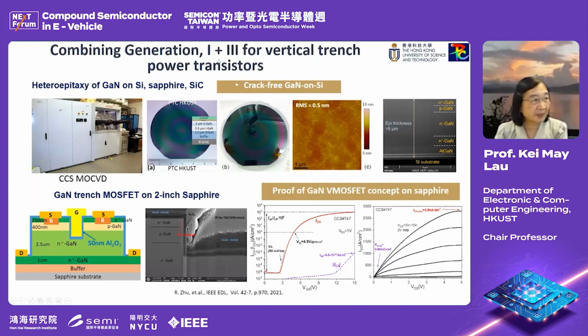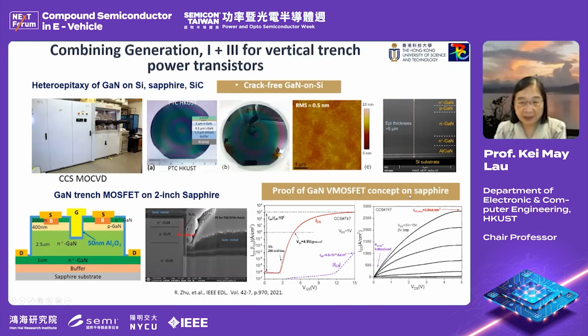So again, this is the combination of generation 1 and generation 3 vertical trench power devices. We did this in our MOCVD systems, and we can grow crack-free gallium nitride on silicon, and we make these trenches.